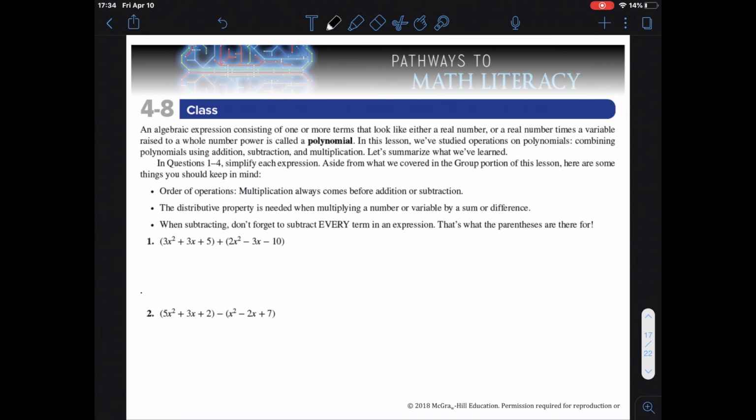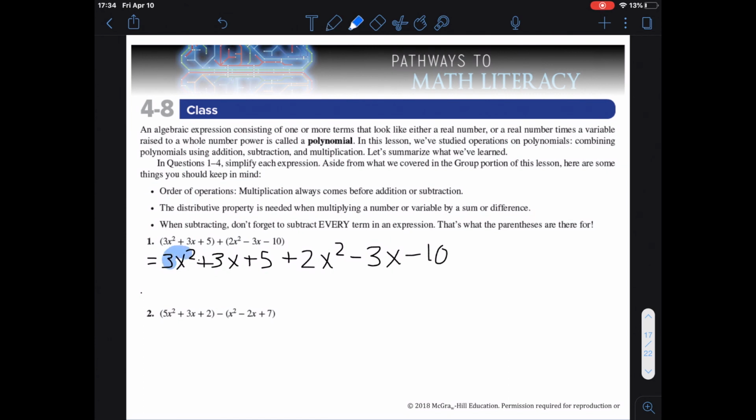So if I want to go ahead and combine these two polynomials, so this first piece is a polynomial, this is a polynomial, what we need to do is first get rid of those parentheses. Now here there's nothing being multiplied on the first piece, so you just get the 3x squared plus 3x plus 5, and you're adding each of these other terms. So when we add negative 3x, it's the same thing as subtracting it.